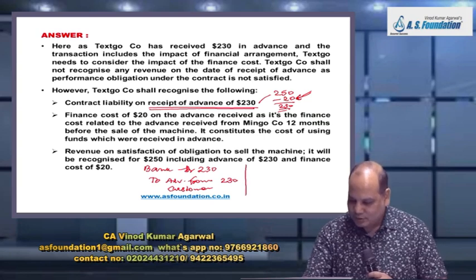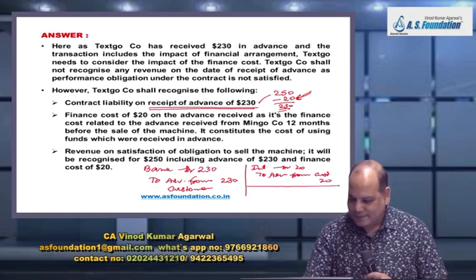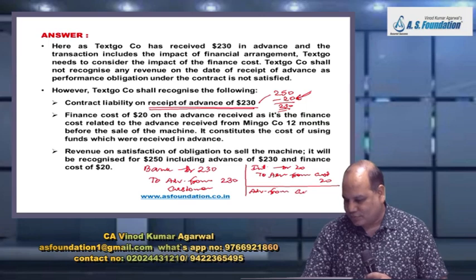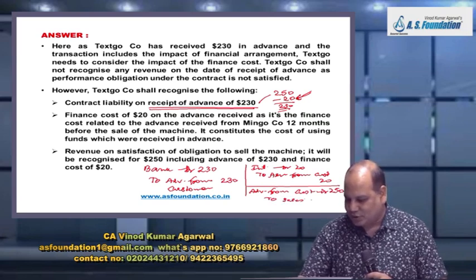At the end of the year, or after 1 year, interest account debit 20 to advance from customer 20. One more entry: advance from customer debit 250 to sale of machinery.